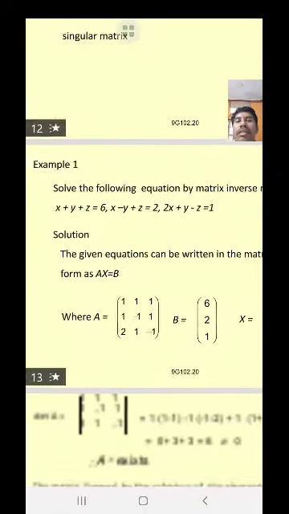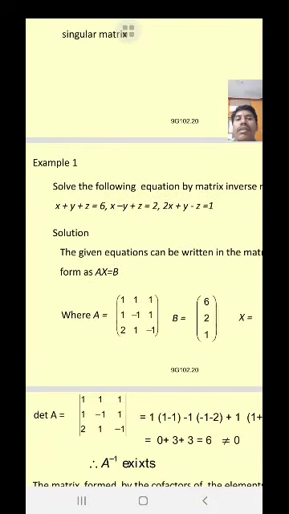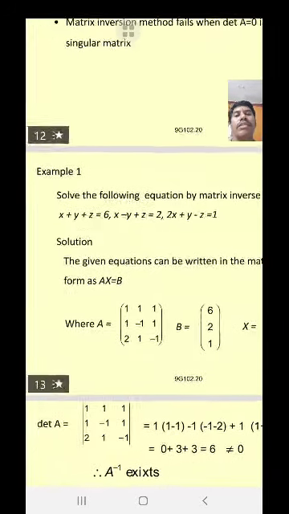Next, here one question is given. See example 1, or problem 1. Solve the following equations by the matrix inversion method.